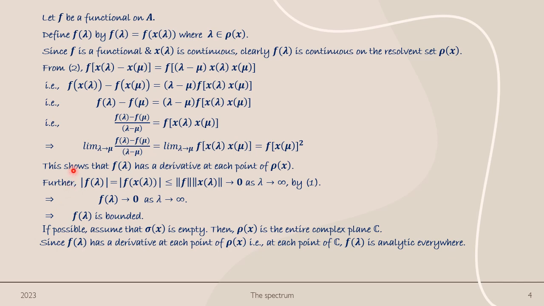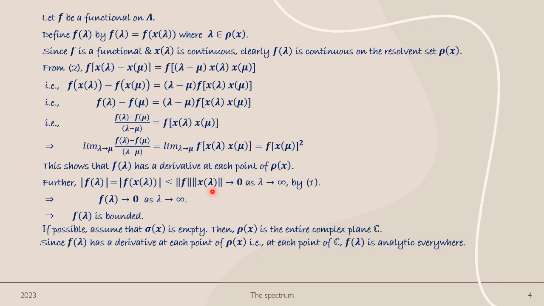So this shows that f of lambda has a derivative at each point of rho of x. Again, by definition f of lambda equals f of x of lambda. So we can take the modulus of f of lambda equal to modulus of f of x of lambda, which will be less than or equal to norm of f into norm of x of lambda.